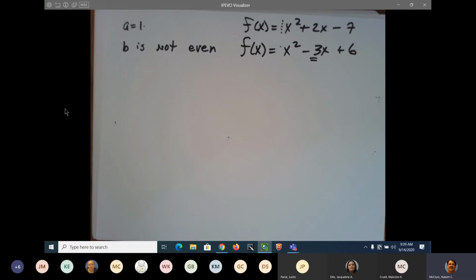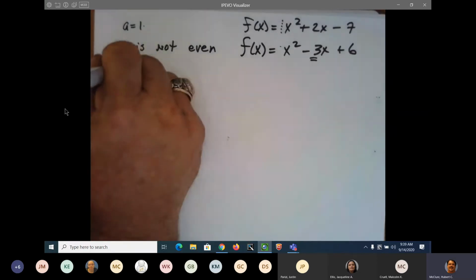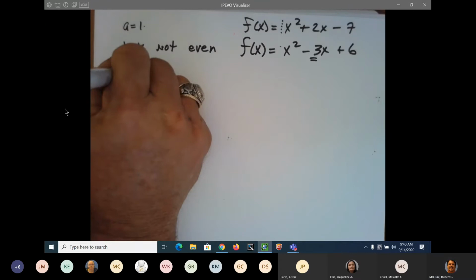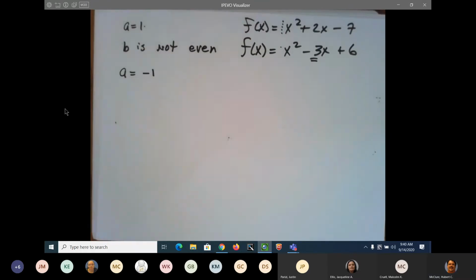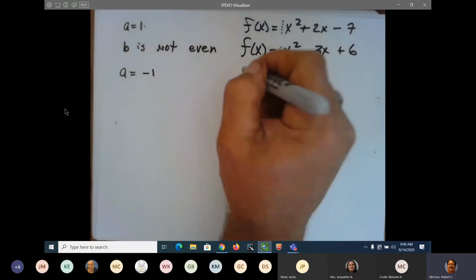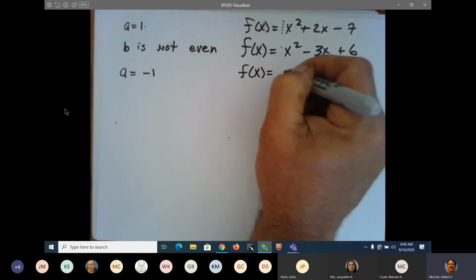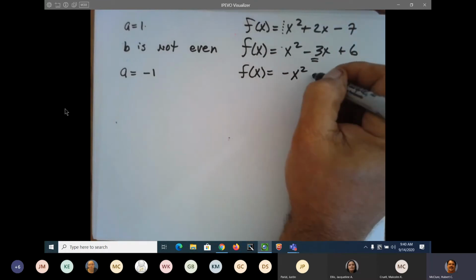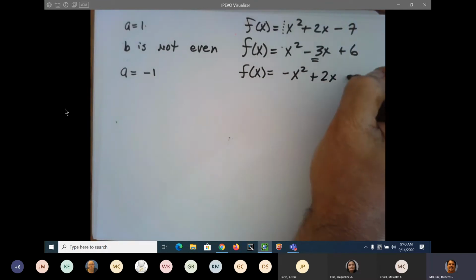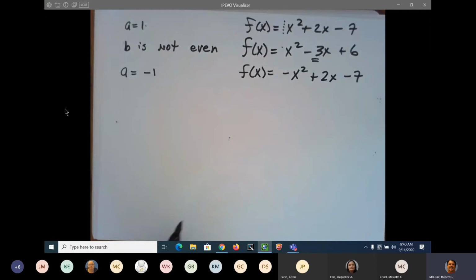Well, what if you have a negative A? What if you have f of x equals negative x squared plus 2x minus 7? I'm just making them up.